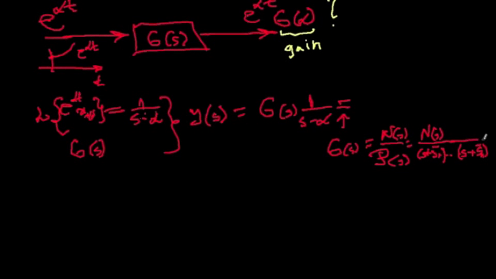So we have n factors for the P(s) n-th order polynomial, such that finally we get N(s) over (s plus s1) up to (s plus sn). Those are all roots that are coming as a solution of the polynomial P(s). And here we have a 1 over s minus alpha.